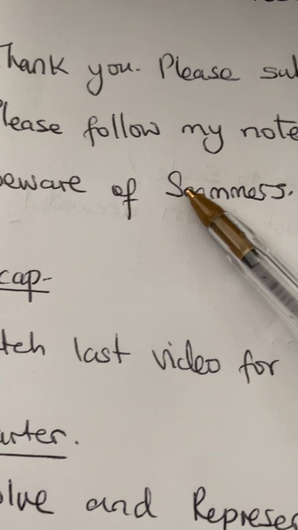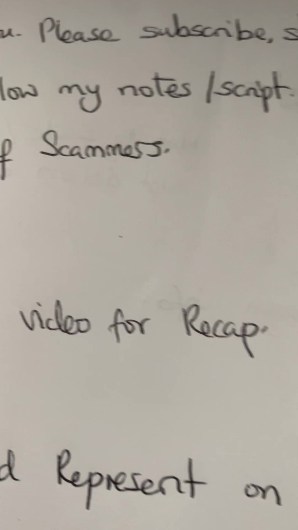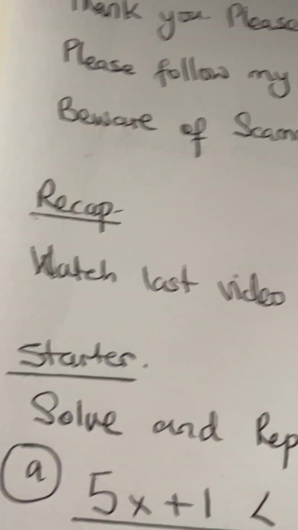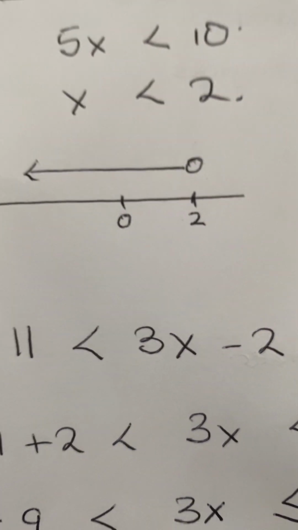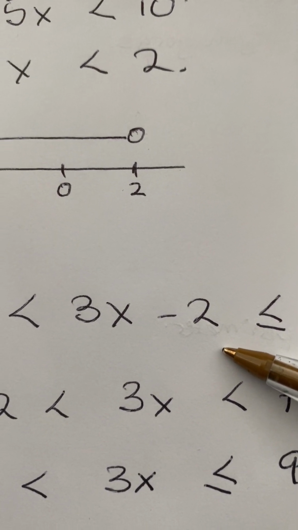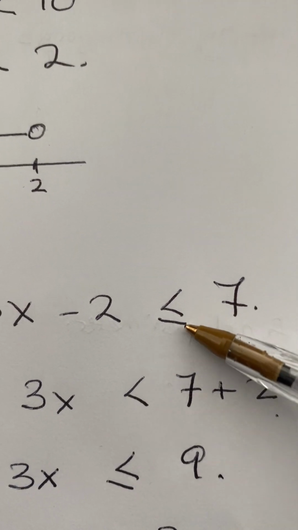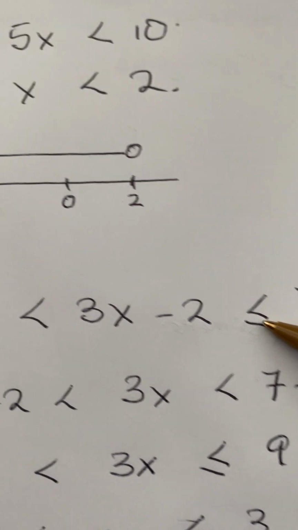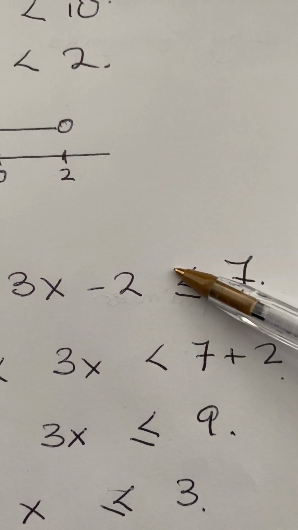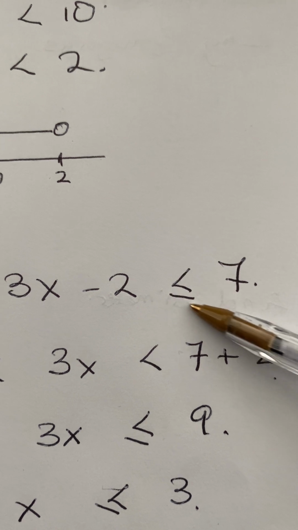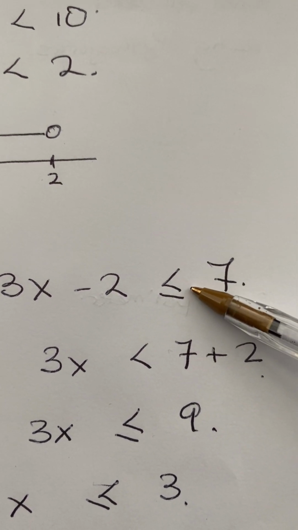In the comment section, you see follow my notes / scripts. For instance, this is 3x minus 2 that is less than or equal to. So if I'm here and I'm explaining something and here gets less than, please, it is less than or equal to.